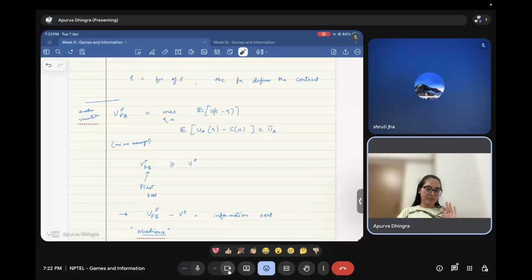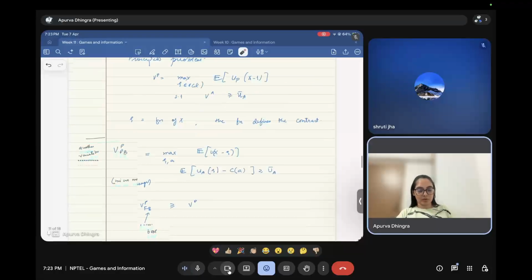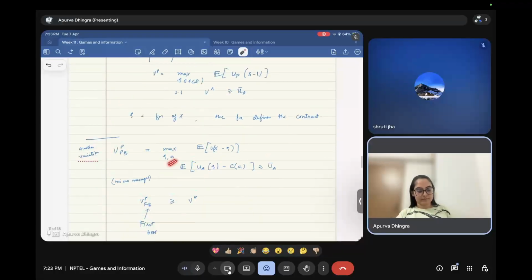That's why it's called this FB. And hence, whatever utility you're going to get from here is going to be better from the principal's perspective as compared to what he would have gotten without micromanaging.